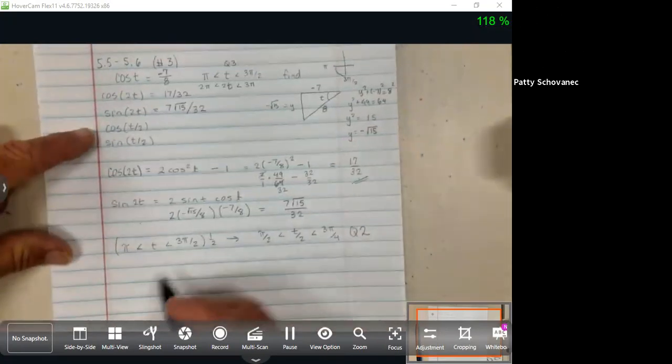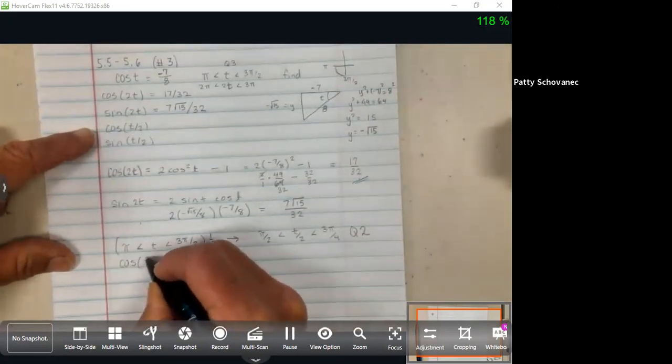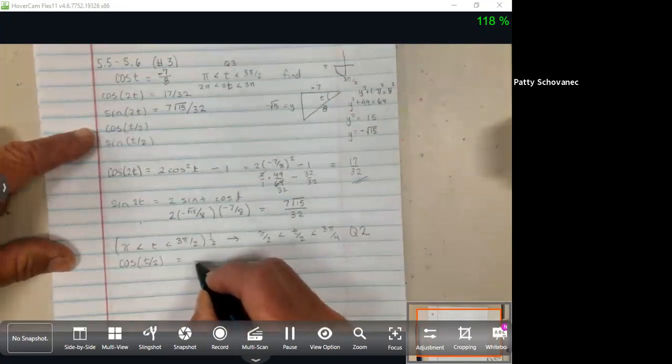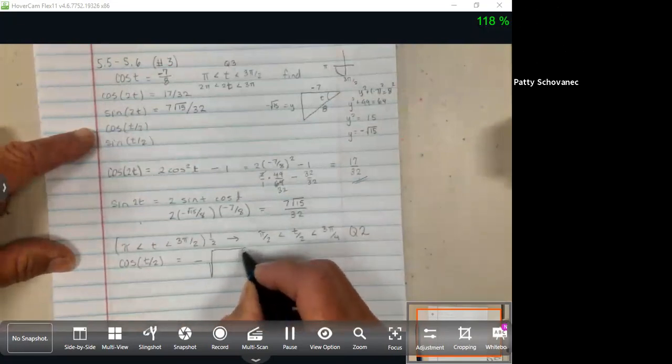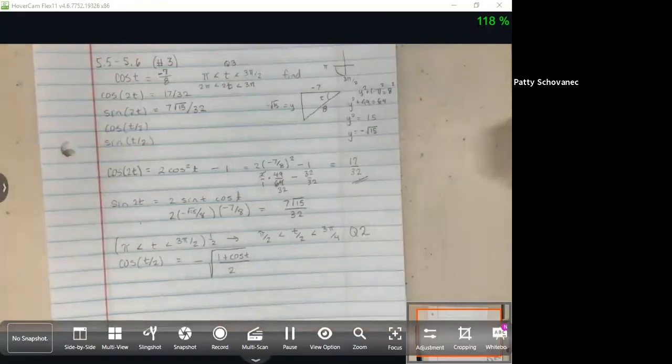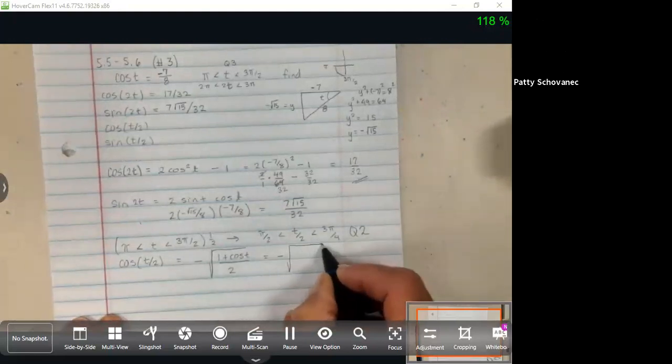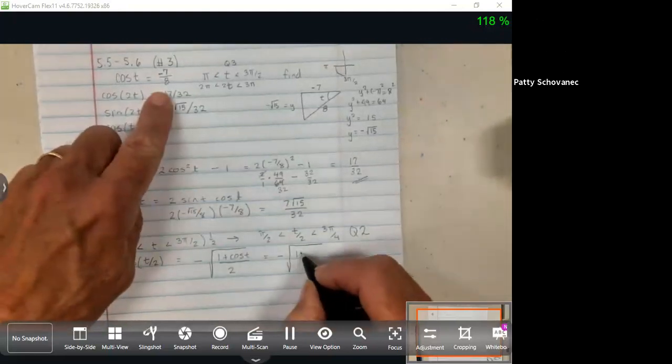So next, to get the cosine of t/2, we said it was going to be negative, and it's the square root of 1 plus the cosine of the single angle all over 2. And that expression, the entire thing is under the radical sign. We're given the cosine of t. Cosine of t is negative 7/8.